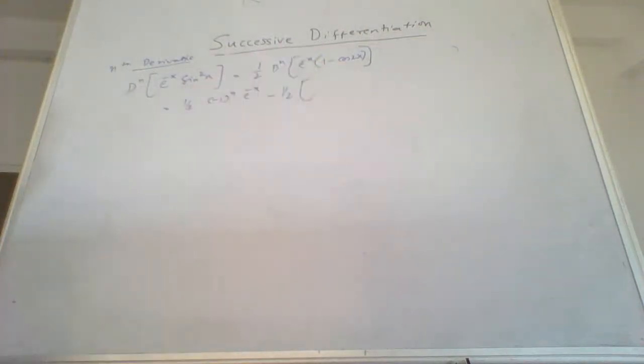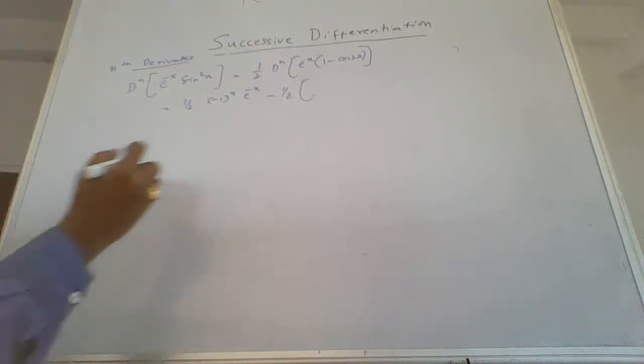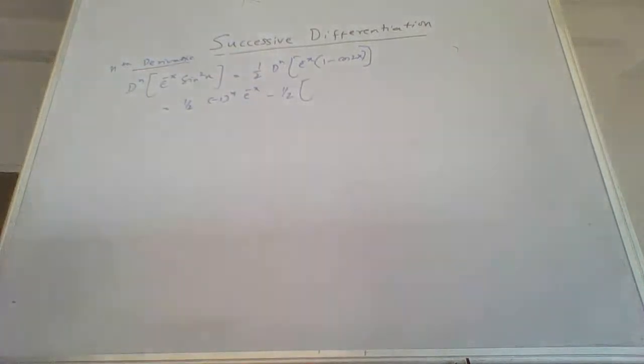keep it closed. Now this is in the form of e to the power of ax and cos bx. So let us substitute that.